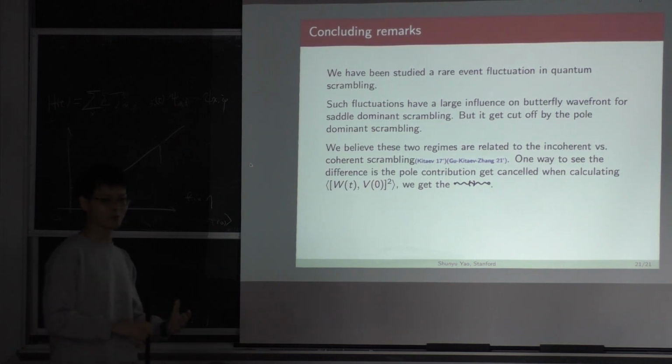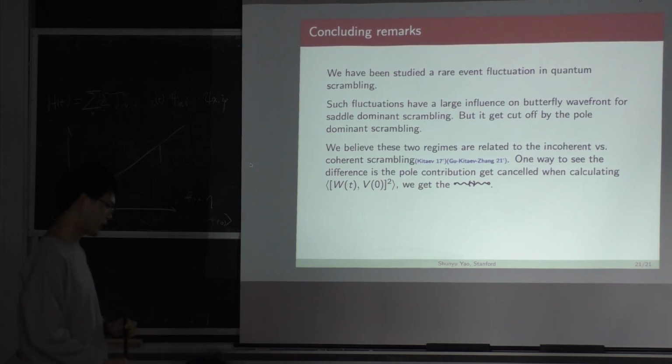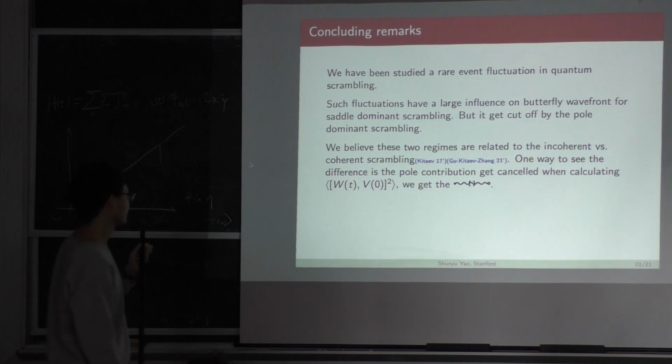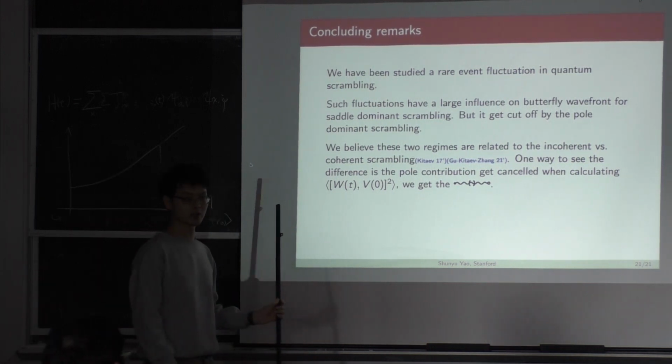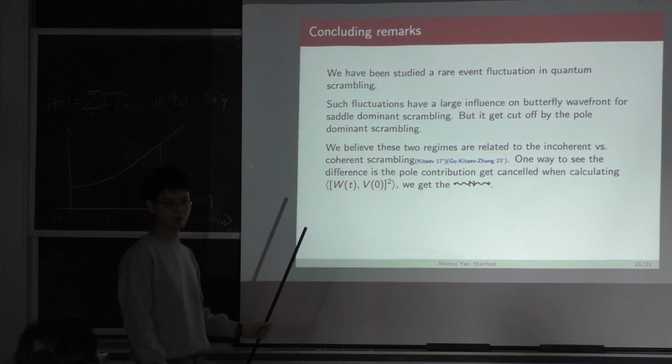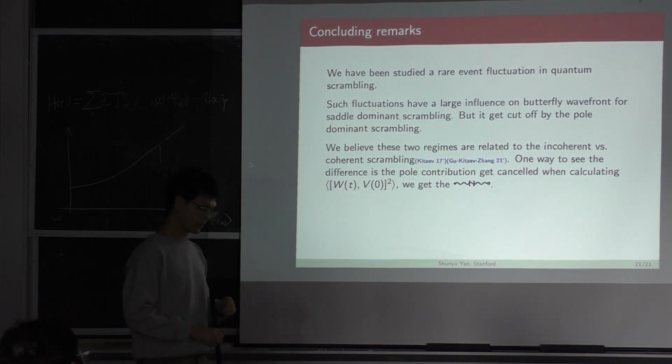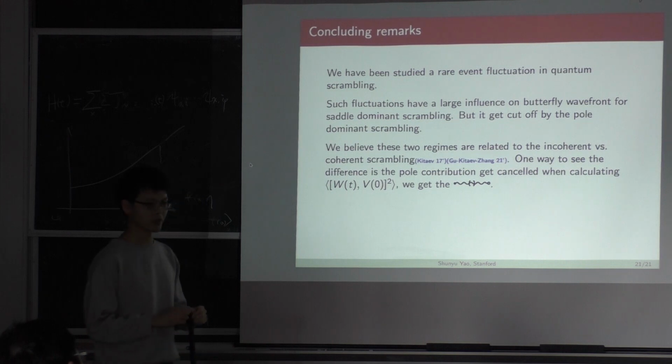First of all, it's scrambled much faster than the diffusive one. And one interesting thing is that if you compute the commutator squared of two operators at different times, you will see this pole dominant region actually gets cancelled.